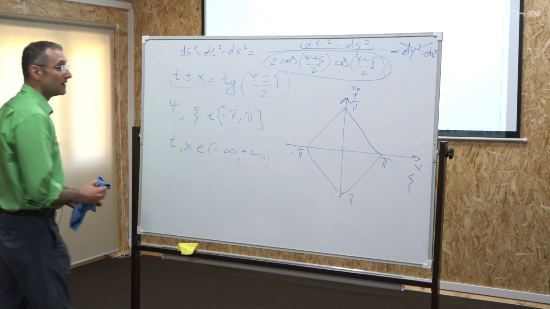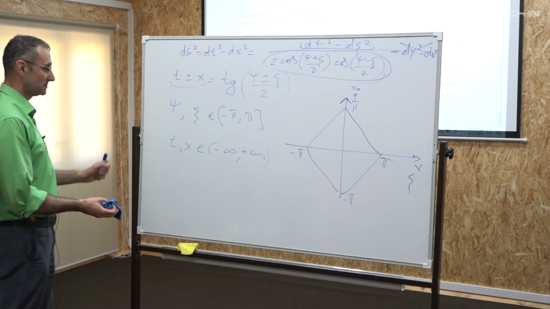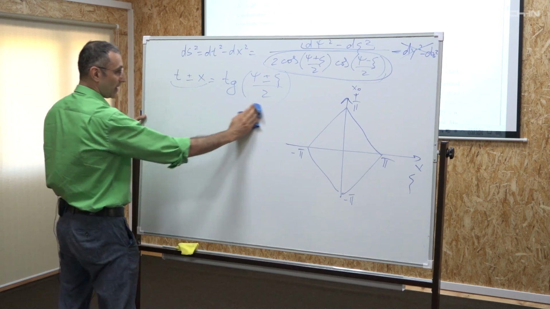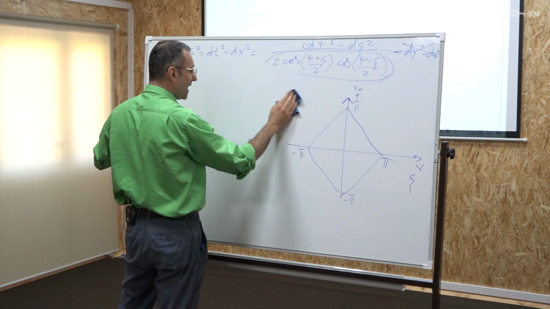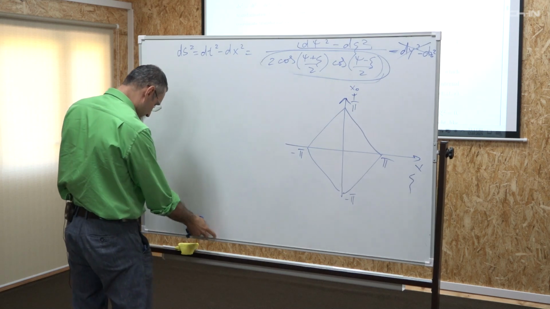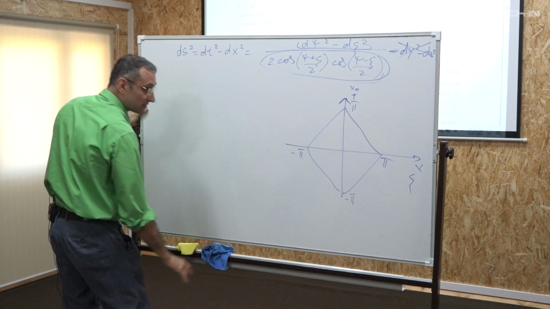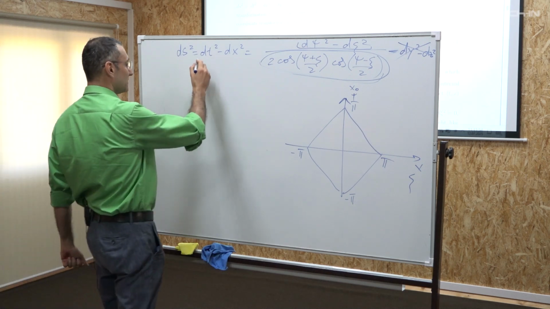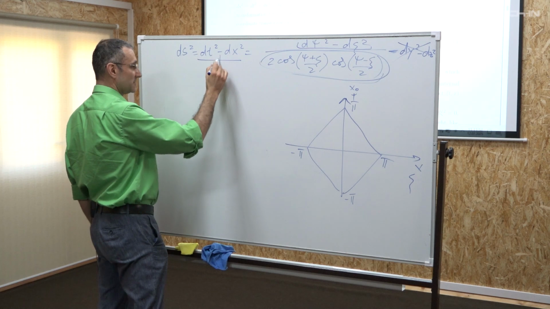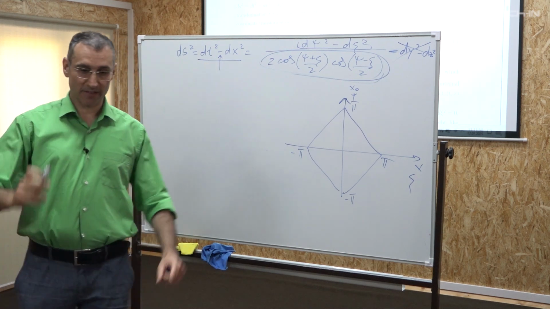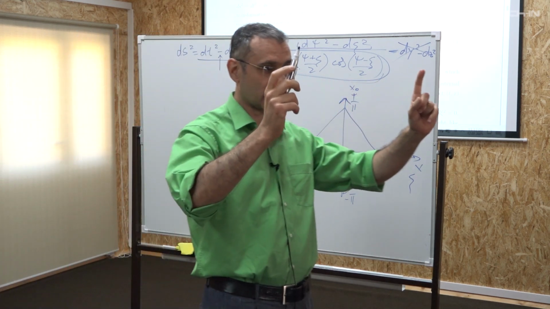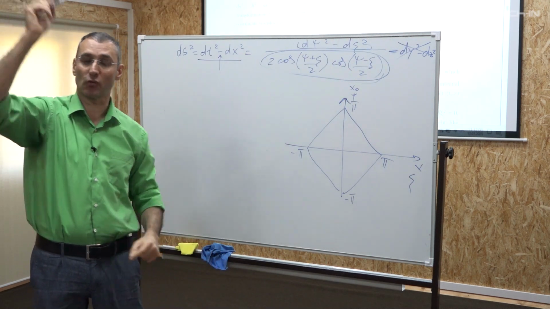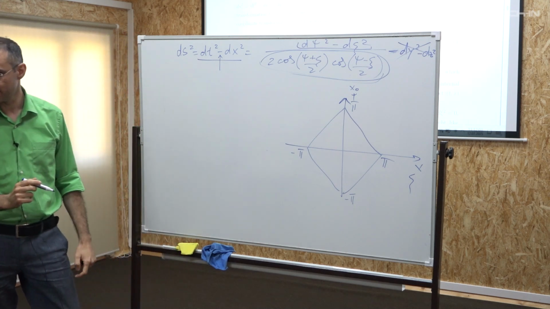Now, what happened? I mapped my plane to the compact space, but it is not a sphere. It's because of this signature that is present here. Remember that under the standard stereographic projection, all the infinity of the plane goes into one point, the pole of the sphere.